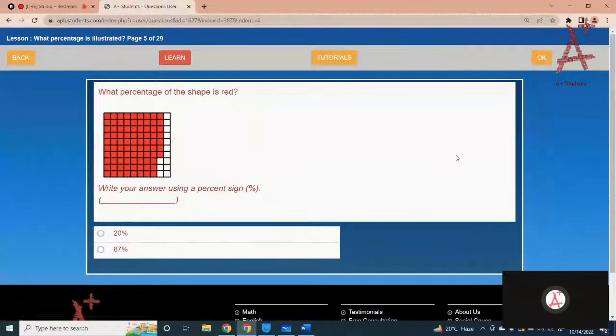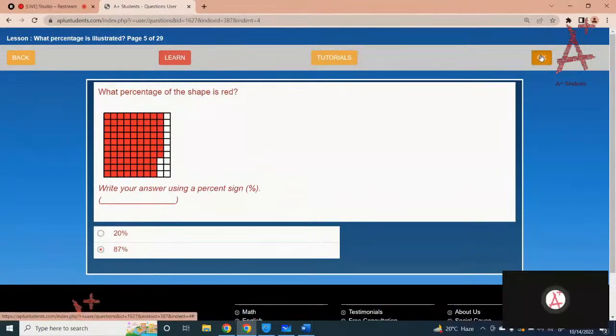What percentage of the shape is red? Is it 20% or 87%? It is 87%. Got it? Yes, very good, Henry. It is 87%.